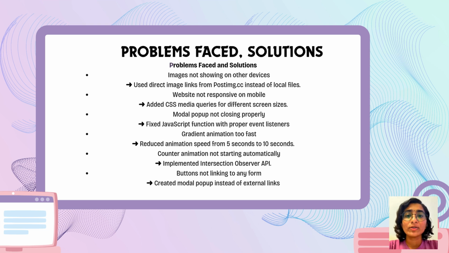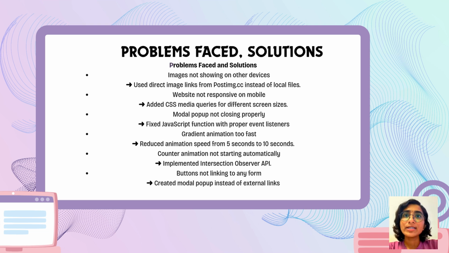During the development process, our group faced several challenges. We solved image display issues by using direct image links, improved mobile responsiveness with CSS media queries, and fixed modal pop-up errors using JavaScript event listeners.